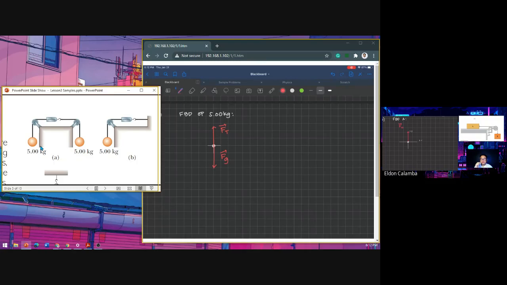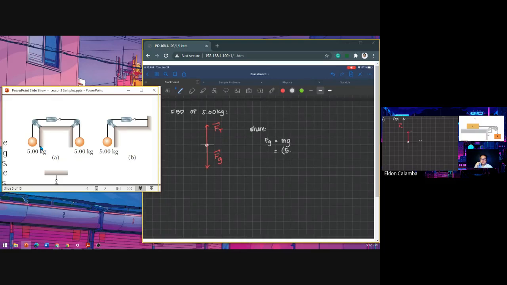So solving for FG. Solve muna natin si FG, where FG is just equal to mass times the pull of gravity, so the acceleration, the magnitude. So this is just 5 kilograms times 9.8 meters per second squared.